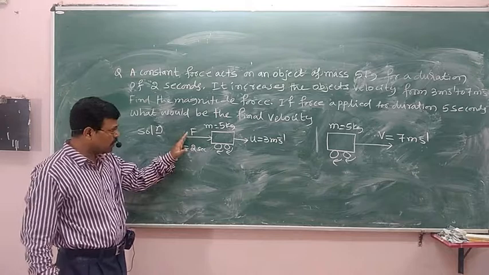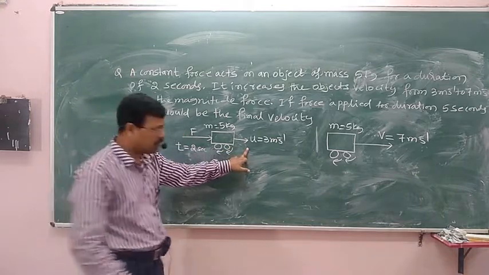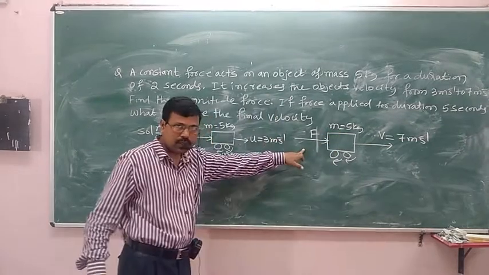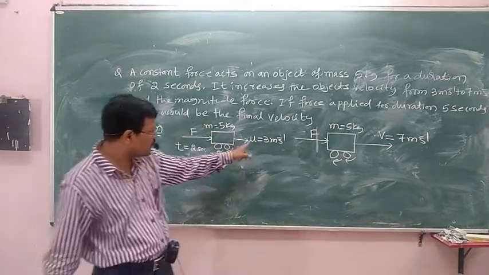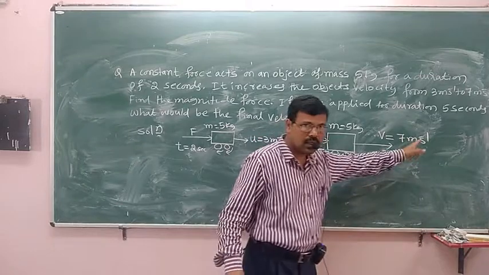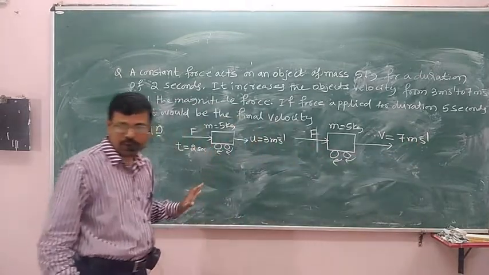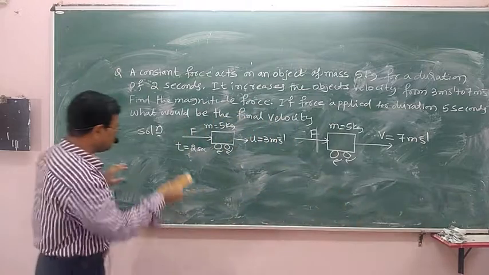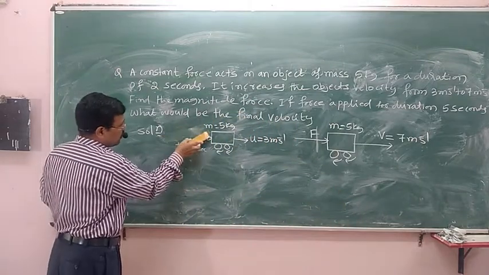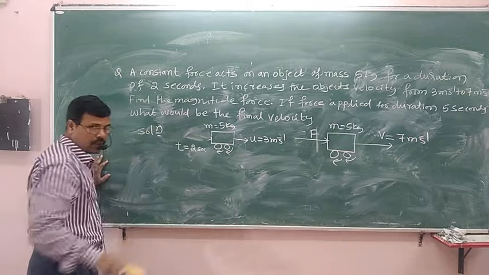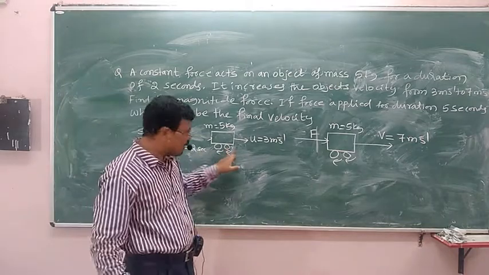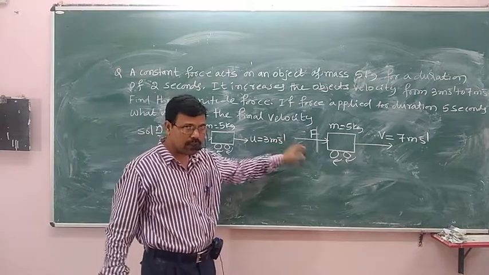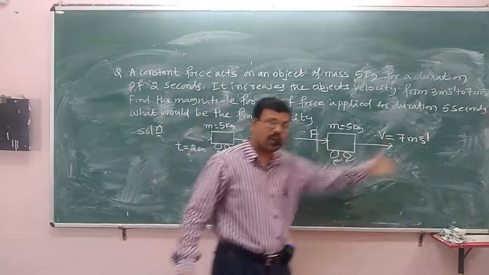Before applying the force, what was its initial velocity? 3 meter per second. When the force is applied, velocity increased from 3 to 7. Before there was no force, but still the object was moving with 3 meter per second. In between, when the force is applied, its velocity is changed.